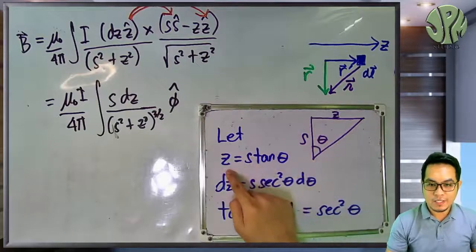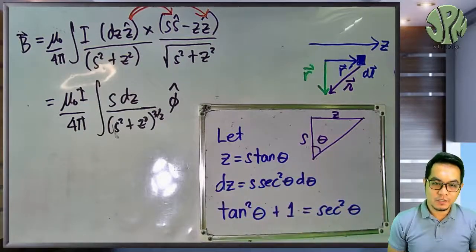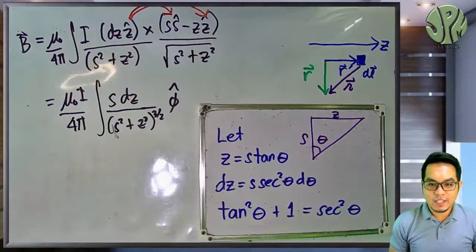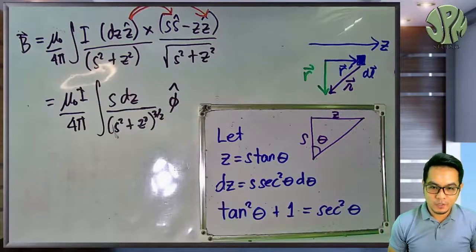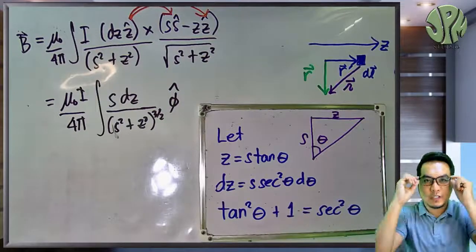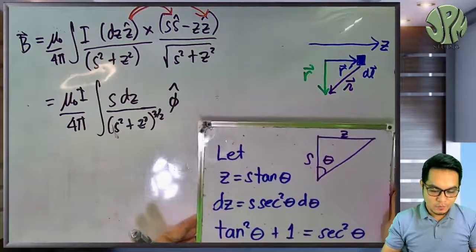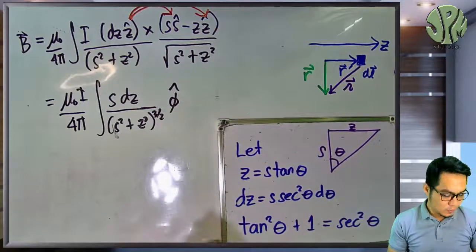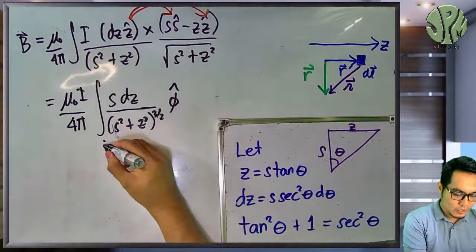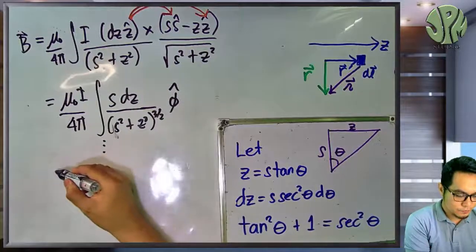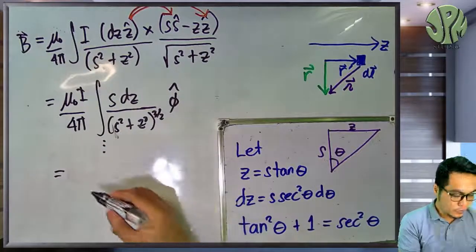So we can let z equal s tangent theta. Of course, the derivative of tangent is secant squared. Later, we will use the identity tangent squared plus 1 is secant squared. I will leave this substitution as a little exercise for you.